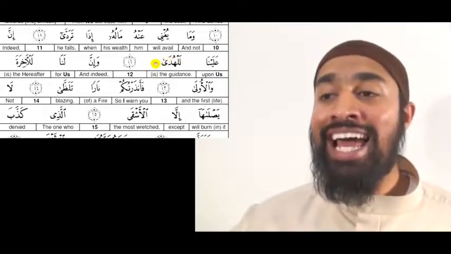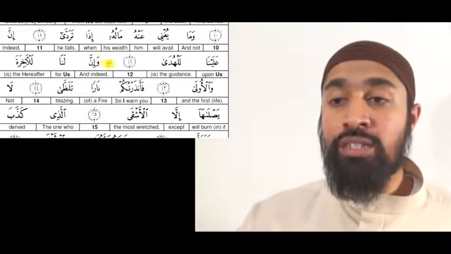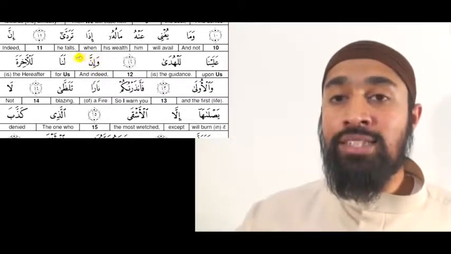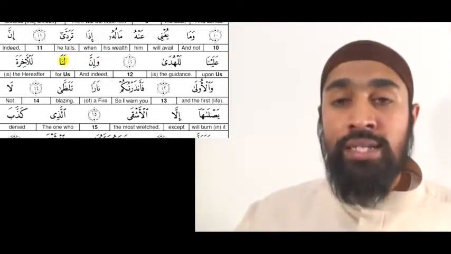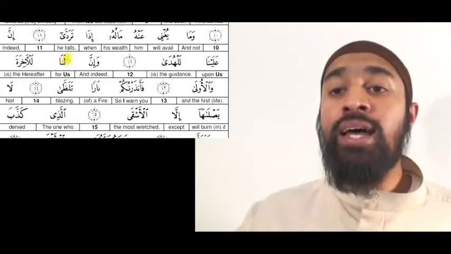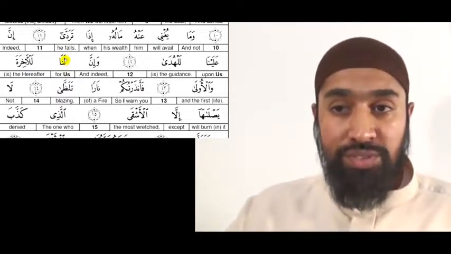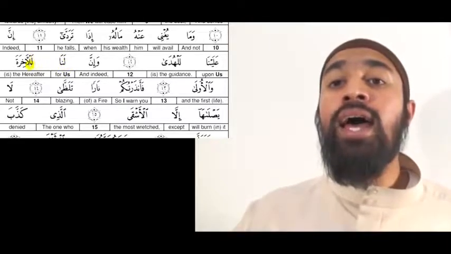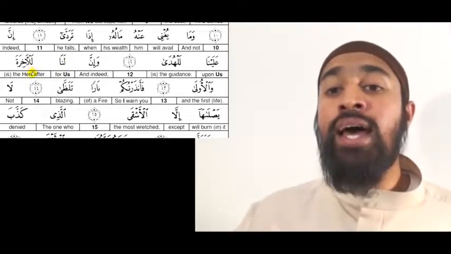Inna alayna lal-huda. Verse number 13. Wa inna. Full nasal sound again. Rule number 3 of rhythm. Wa inna lana. Minimum stretch of 2. Remember that? The first rule of stretch. Lana, la. Which one is it? It's a light letter. Lana lal.